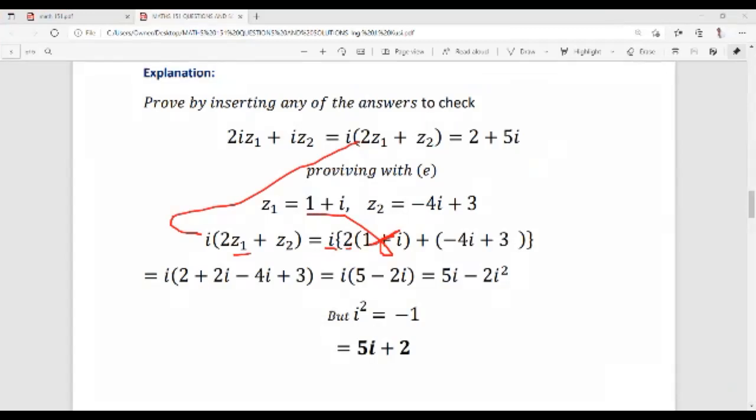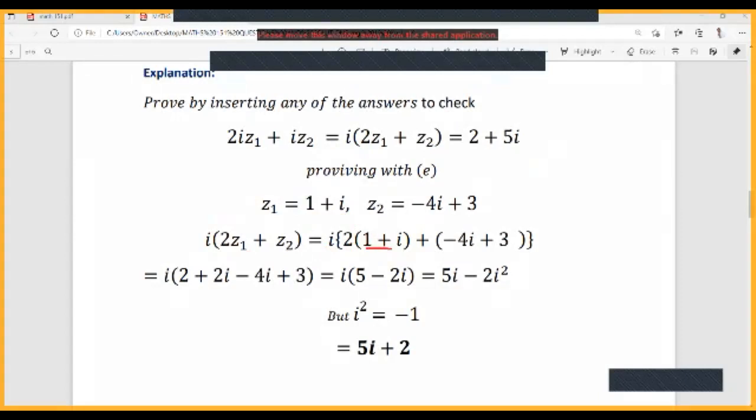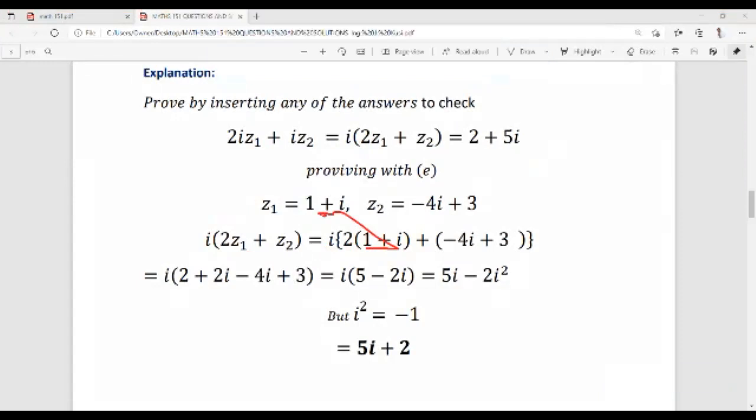So in place of Z1, I've replaced it with the actual value, which is here. Have you seen it? Good. And here too is Z2. So in place of Z2, I'm going to replace it with the Z2 member, which is minus 4i plus 3.